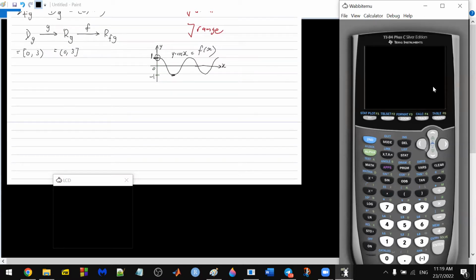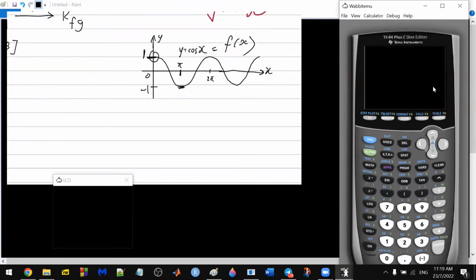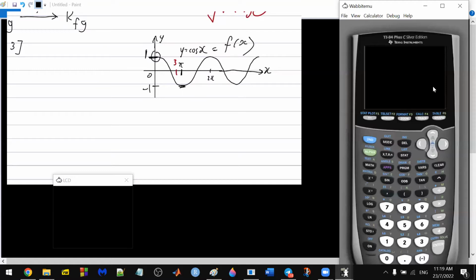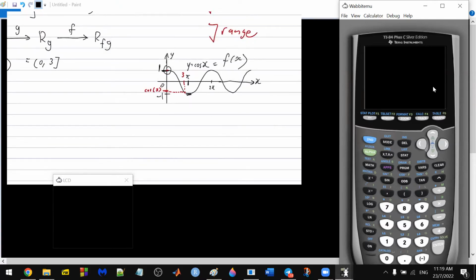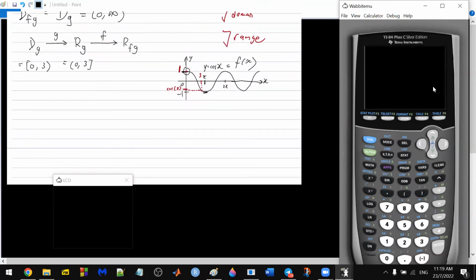Pi is around 3.14, so somewhere to the left. If you want the exact value, you don't need to calculate the decimal. Just cosine 3 is fine. Then when it's 0, it's 1. So what's the range?